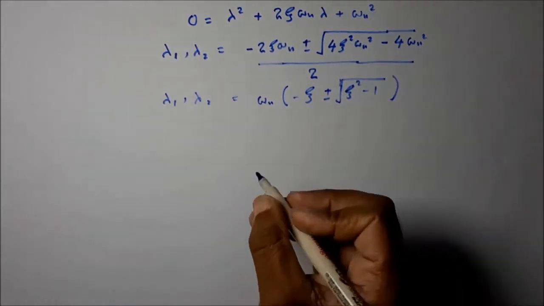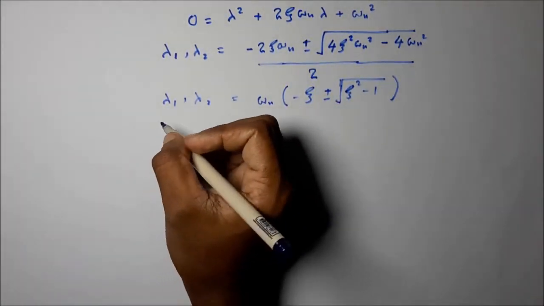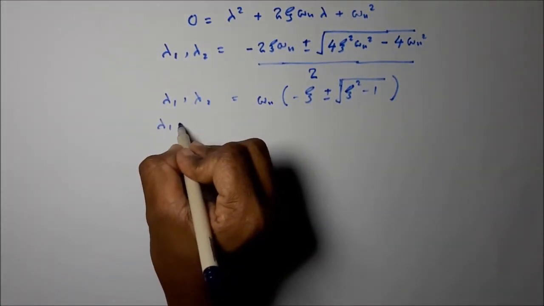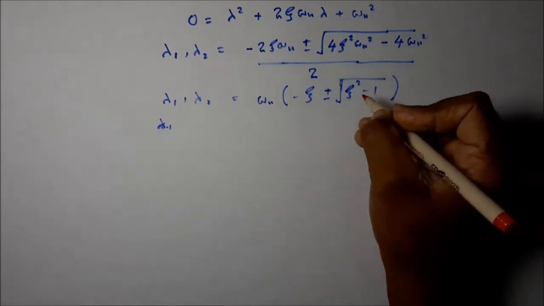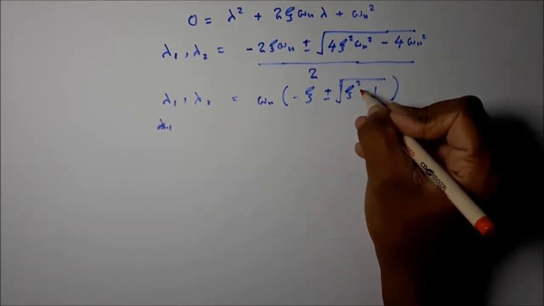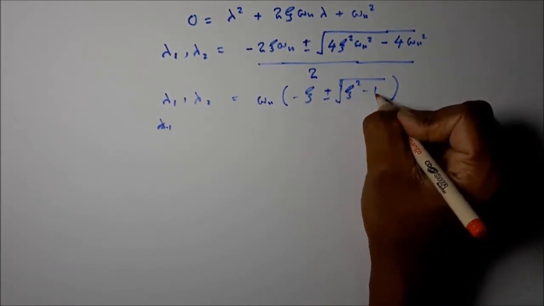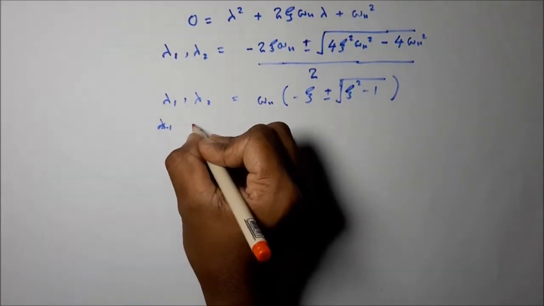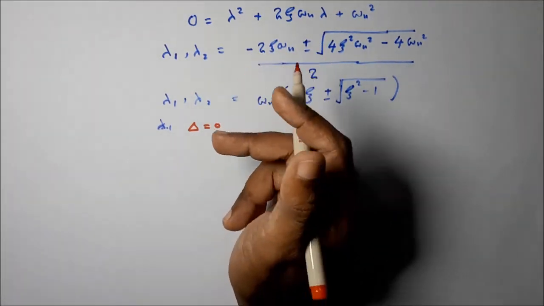Then lambda 1 and lambda 2, I will write the two solutions also. Here you can see, according to this delta, the value inside the square root. You already know if delta is equal to 0, we have only one real root.